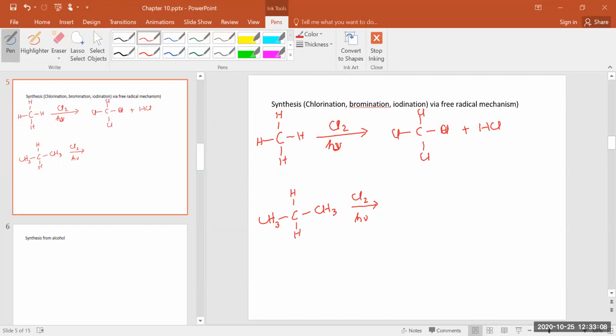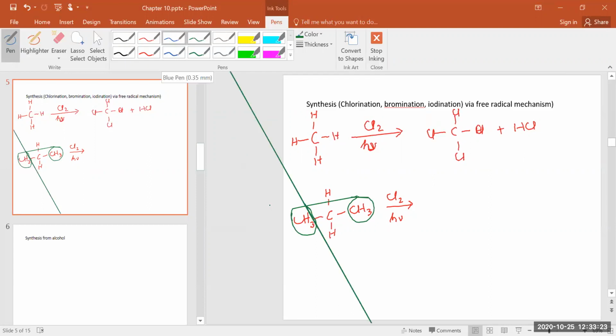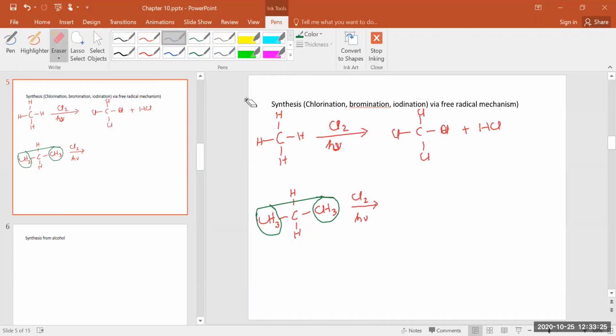You have two different types of hydrogens: the CH3 ones, which are equivalent, and the CH2 ones, so two sets of hydrogen.